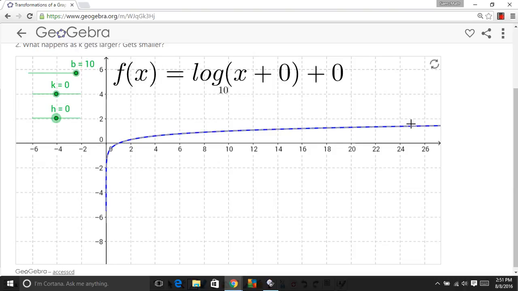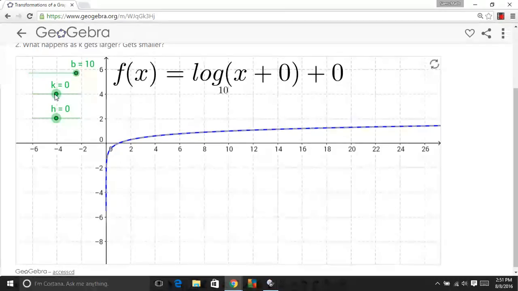Notice that here we have plus 0, so we're not doing anything to the original equation, which is just log of x. I want you to pay attention to what happens when we add or subtract numbers in specific places. You can add or subtract numbers either inside the parentheses or outside the parentheses.